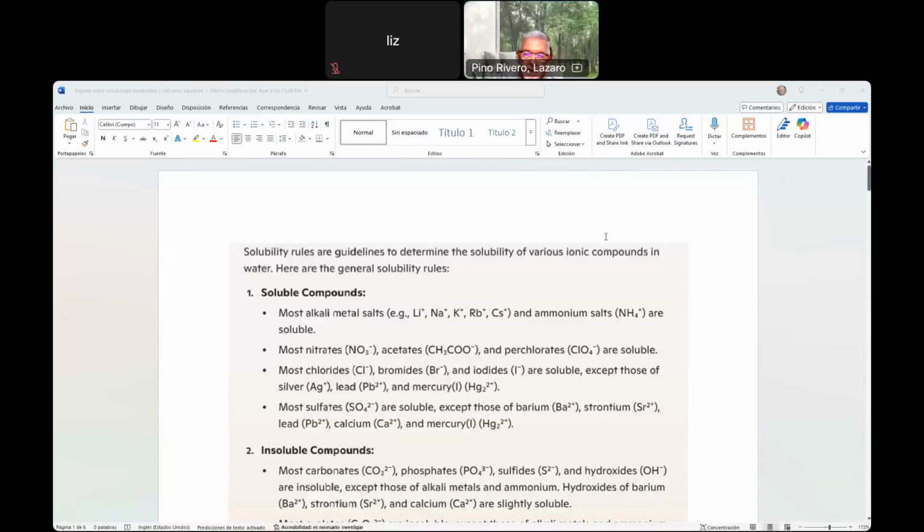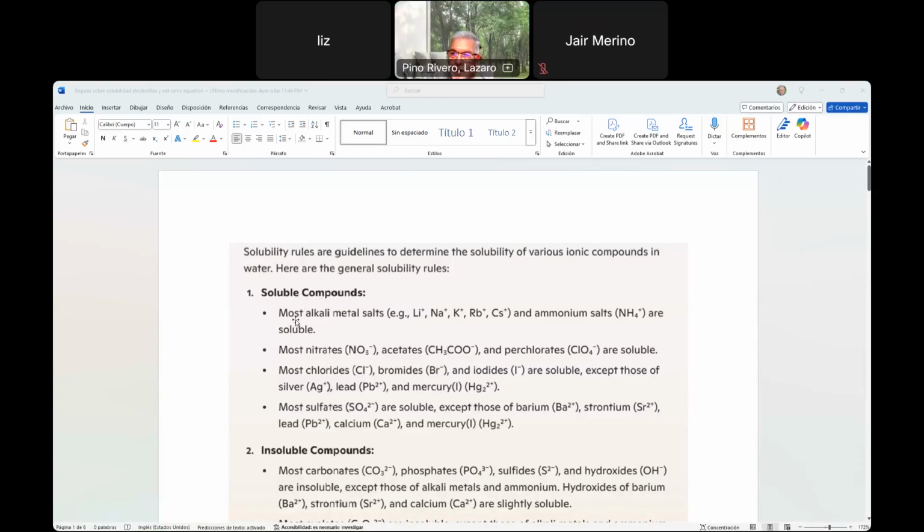Then the first part that we are going to study is the solubility rules. The solubility rules are very, very important in order to do any type of exercise for solutions or for reactions in aqueous solution.